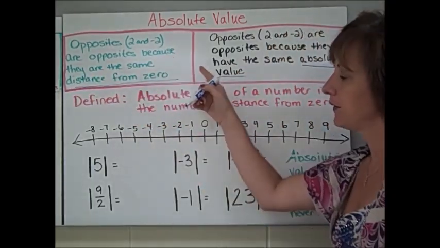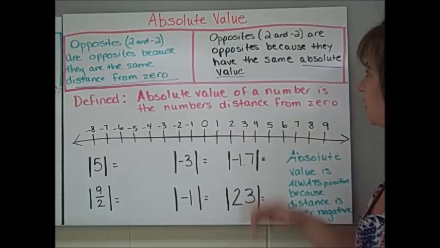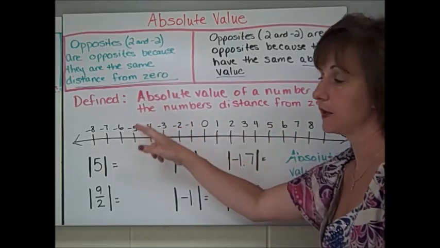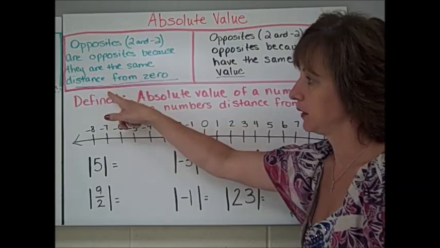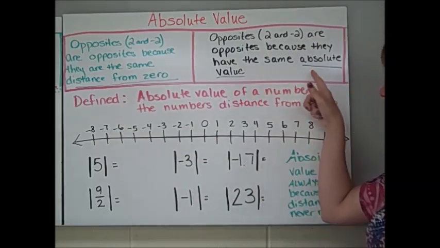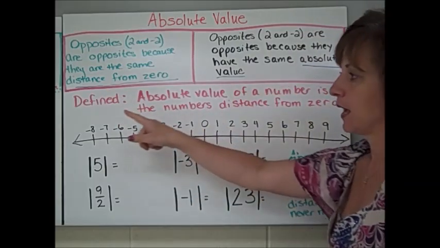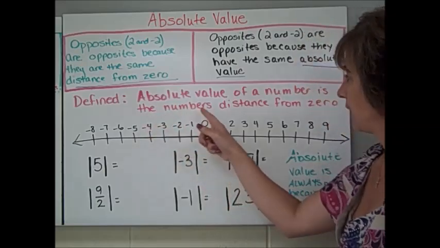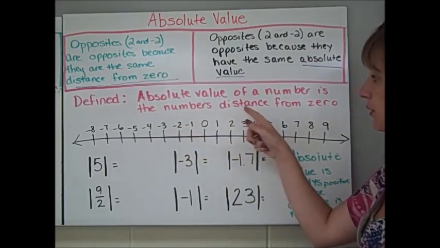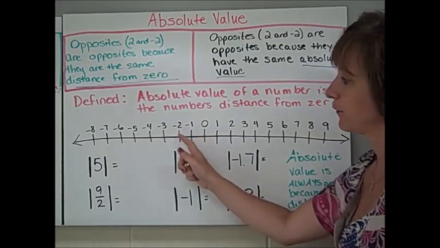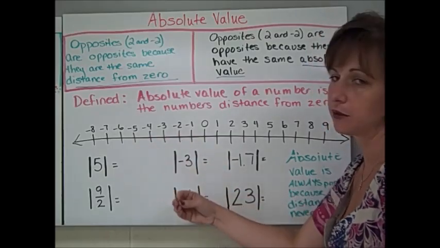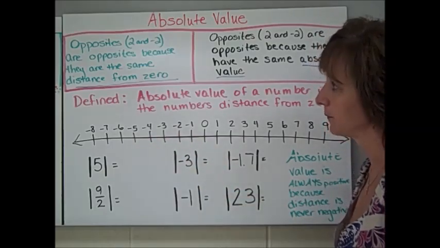So if I reread these sentences, I could switch these because they mean the same. So from this sentence, because they are the same distance from 0, because they have the same absolute value, I know that absolute value of a number is the number's distance from 0.